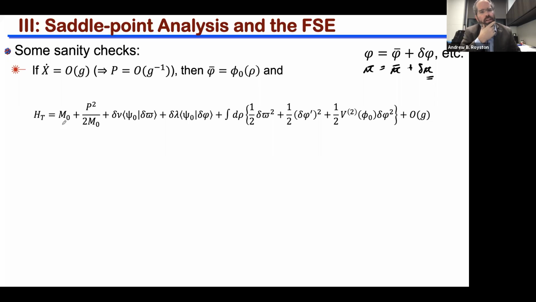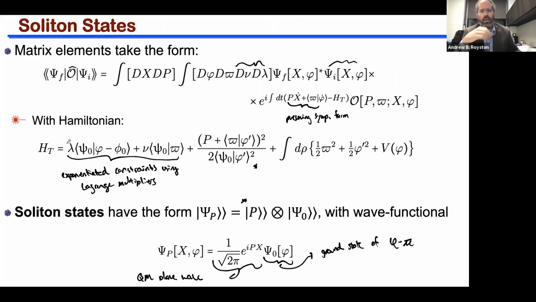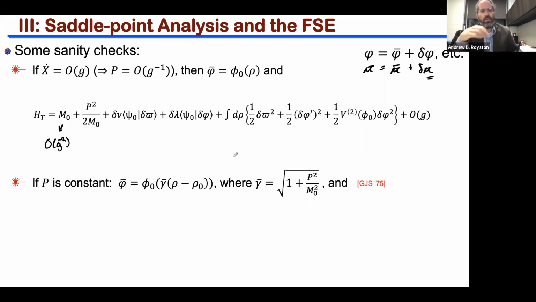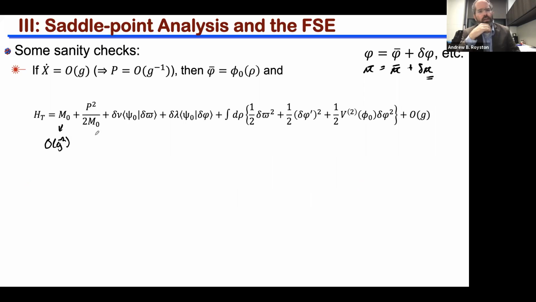At leading order you see the mass, which is order g to the -2, and all of that non-local stuff collapses down to p squared over 2m. That's your collective coordinate Hamiltonian.